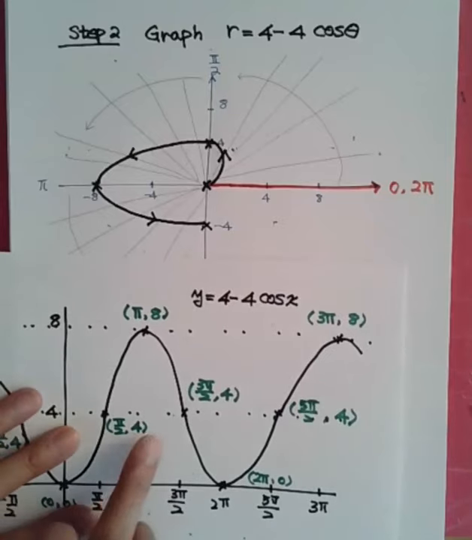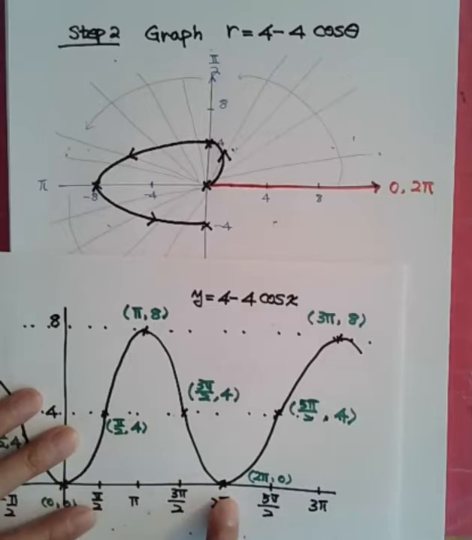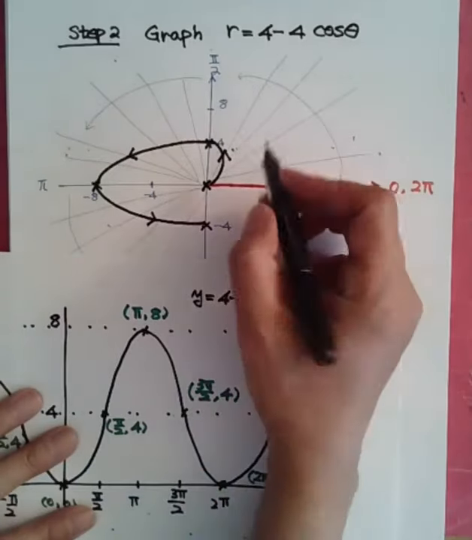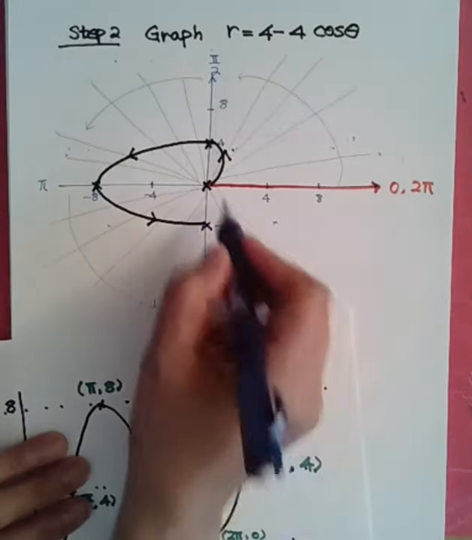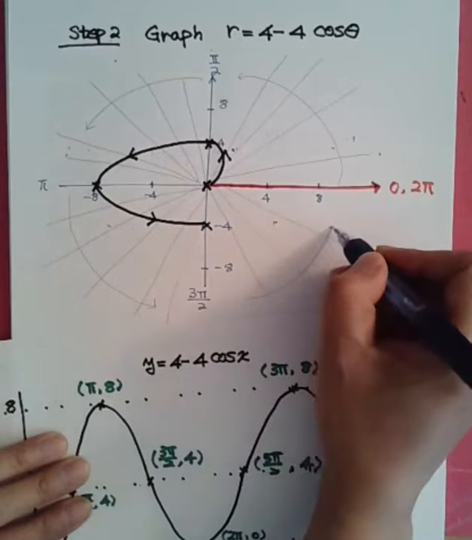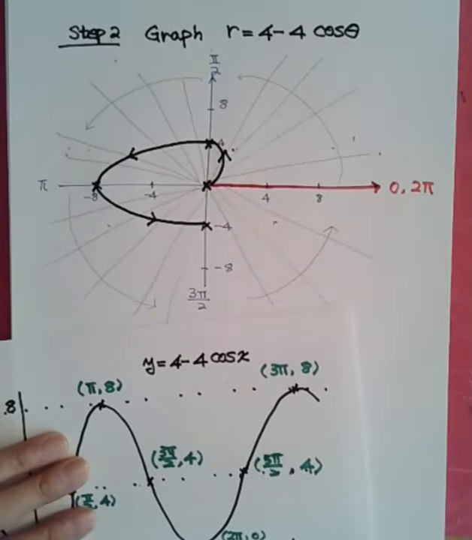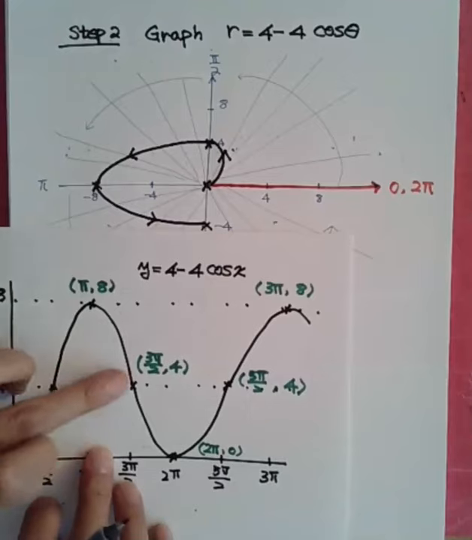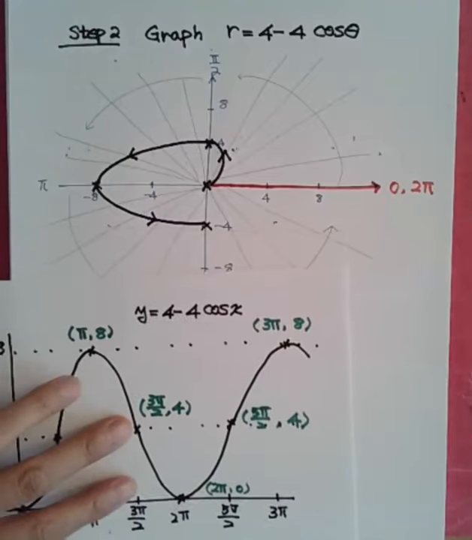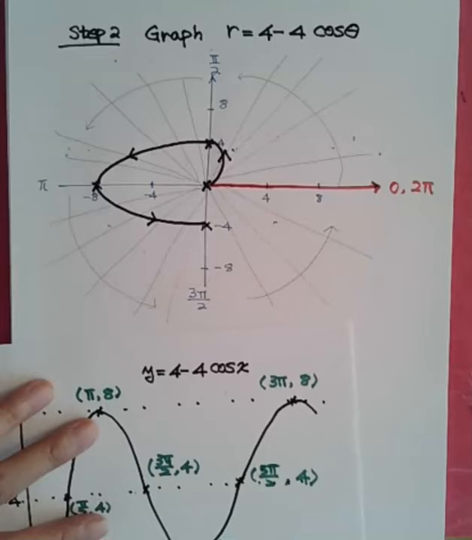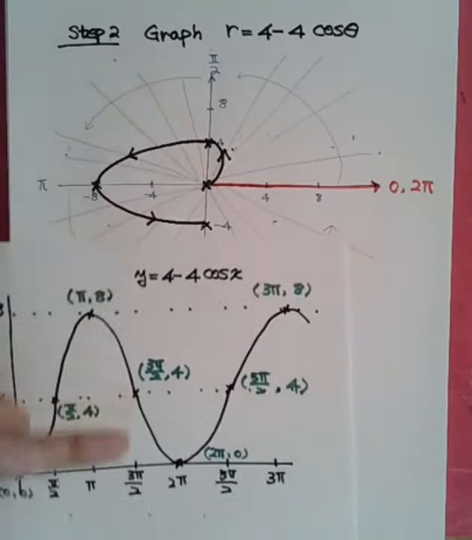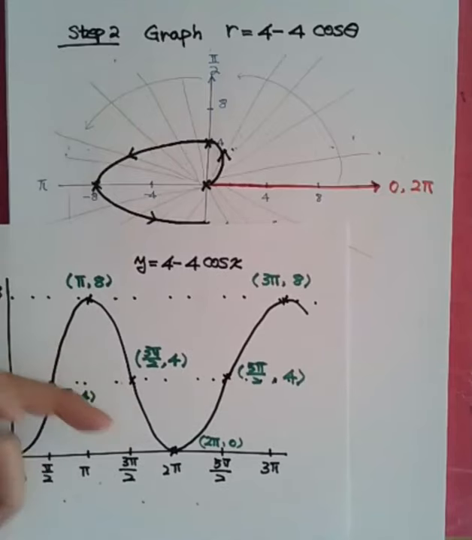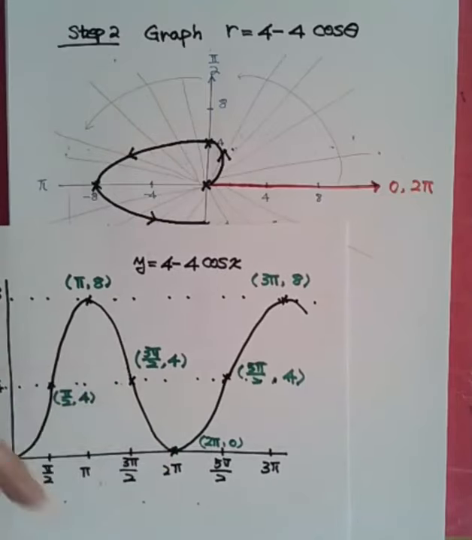And when angle is in between 3 pi over 2 to 2 pi, we will follow these angles counterclockwise. The distance at the angle 3 pi over 2 is 4, and the distance will decrease until it becomes 0.